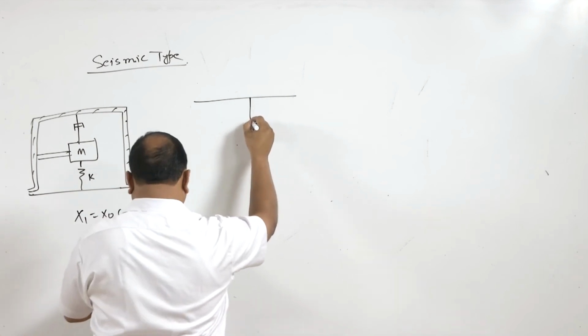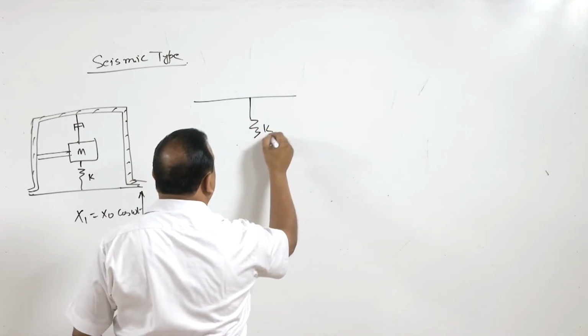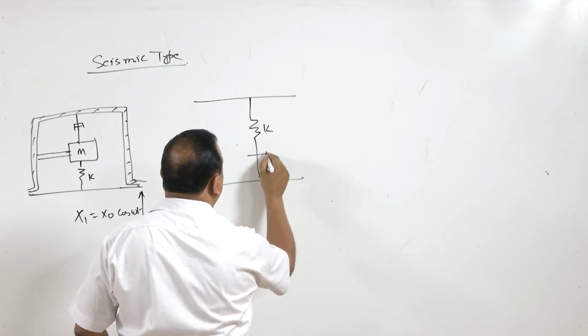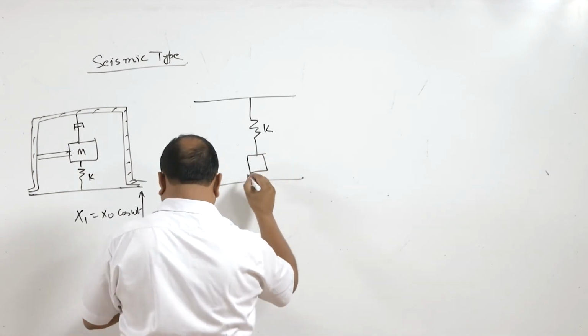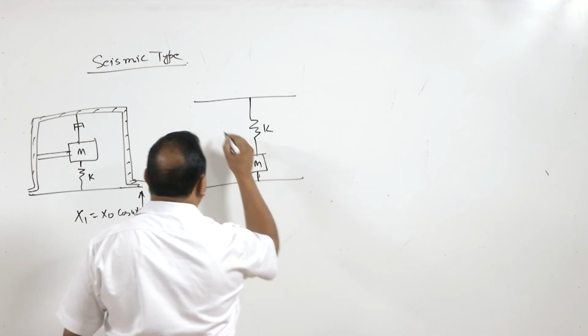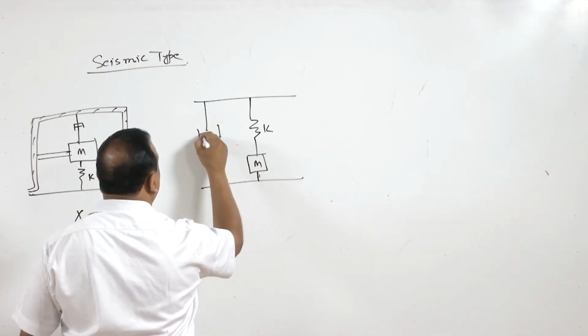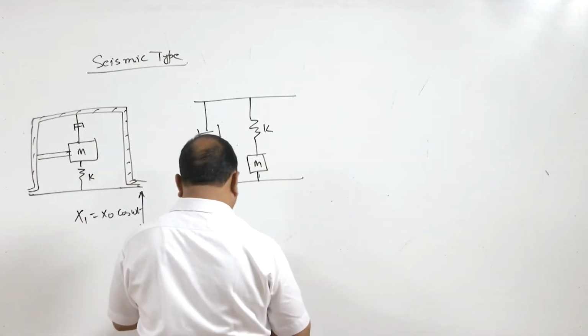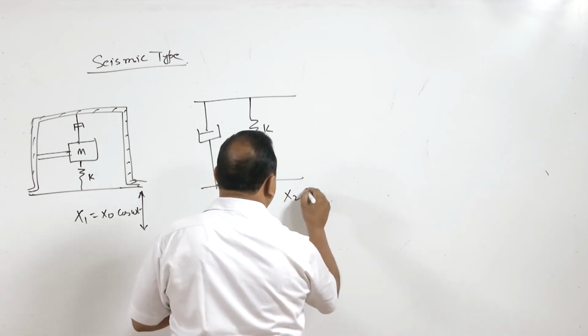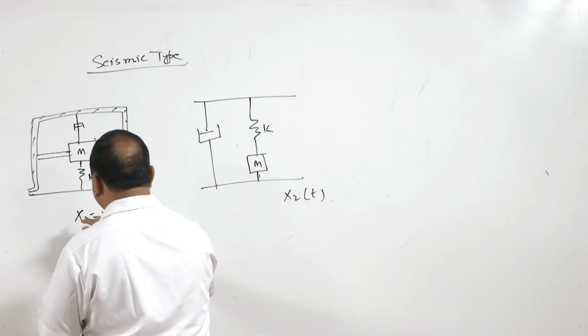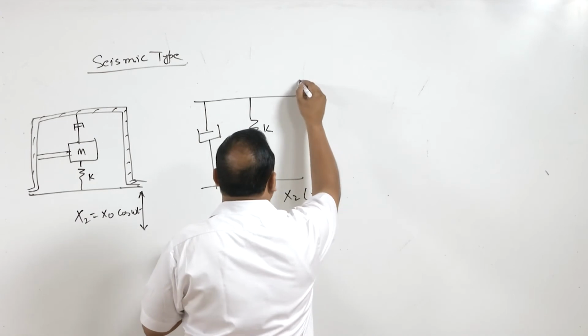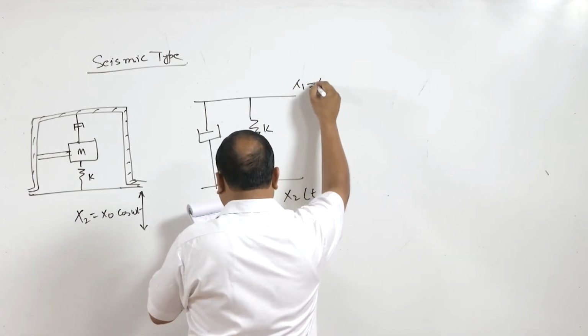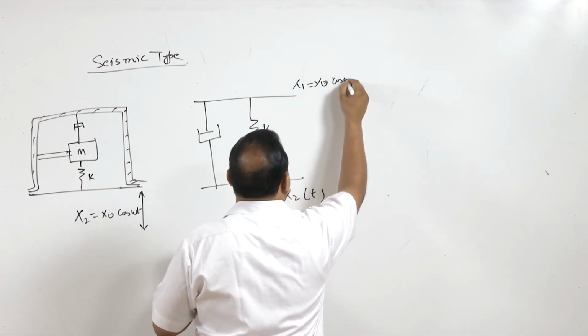There is a spring k fixed to mass m, there is a dashpot, and this is x2, and this is x1 is equal to xo cos omega t.